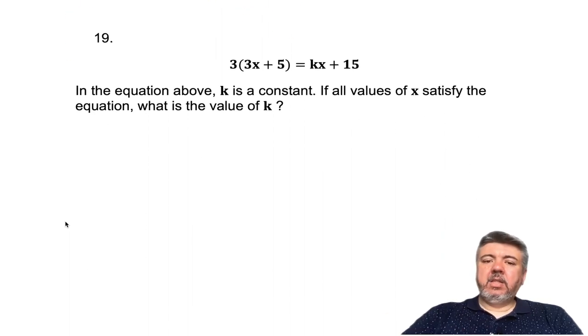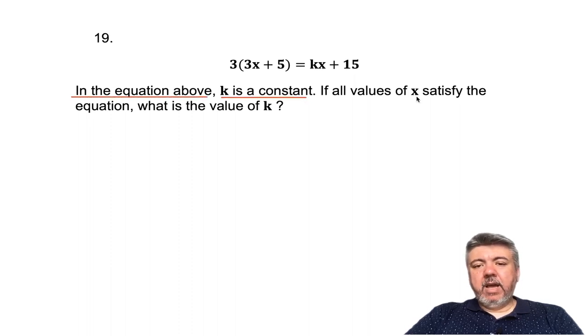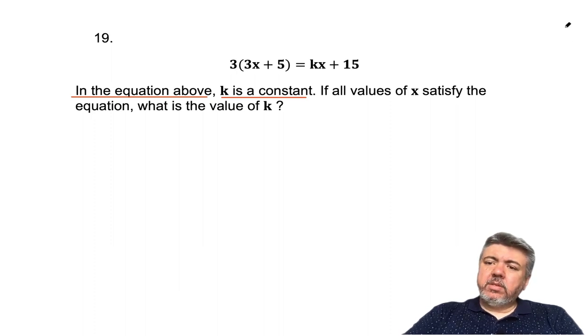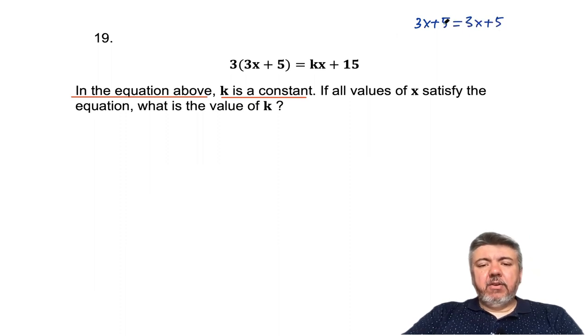Question 19. In the equation above, k is a constant. If all values of x satisfy the equation, what is the value of k? In questions like this, we want to accomplish something like this: 3x plus 5 equals 3x plus 5. If that's the case, the equation is satisfied for every value of x.